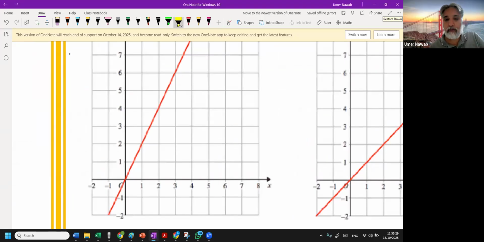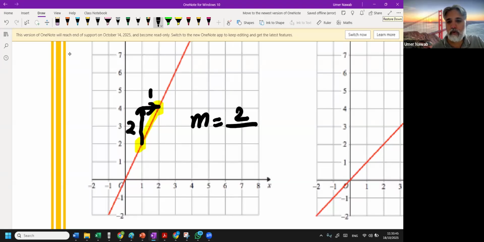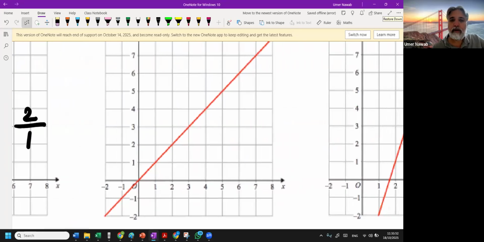So look at that. This is the corner. This is the corner. Now, can I find the gradient? Very easy. From here, how much does he go up? 2 units up and 1 unit to the right. So my gradient is 2 over 1. 2 up, 1 right.